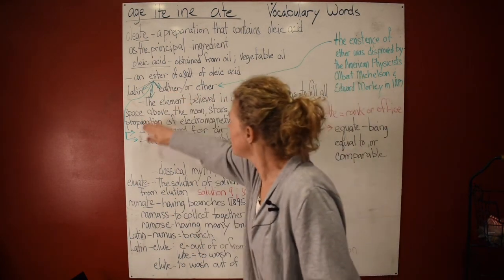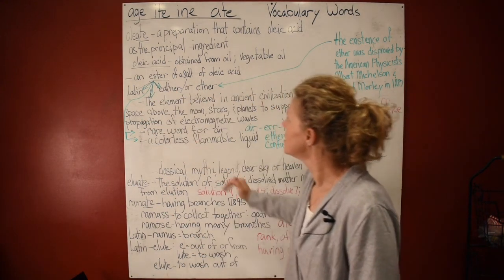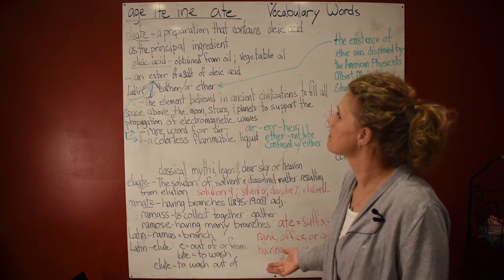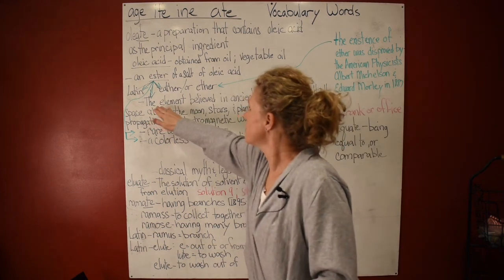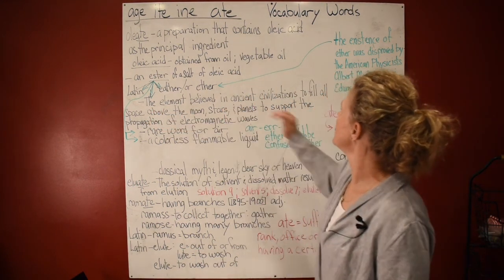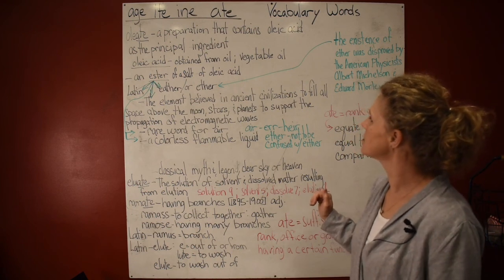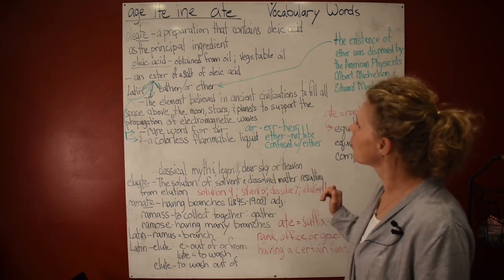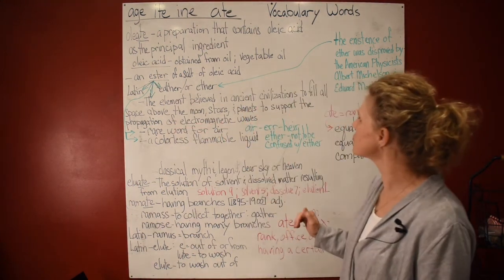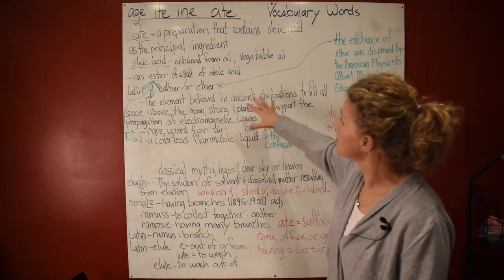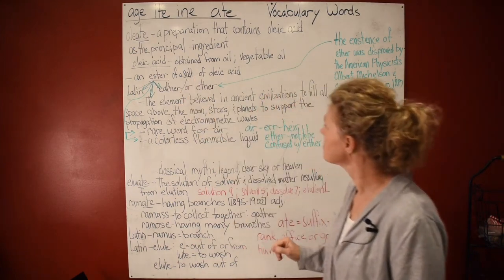Here I put down 3 definitions to understand what ester means. And here's the first one: the element believed in ancient civilization to fill all space above the moon, stars, and planets to support the propagation of electromagnetic waves. All right, well, could that be what we need here?